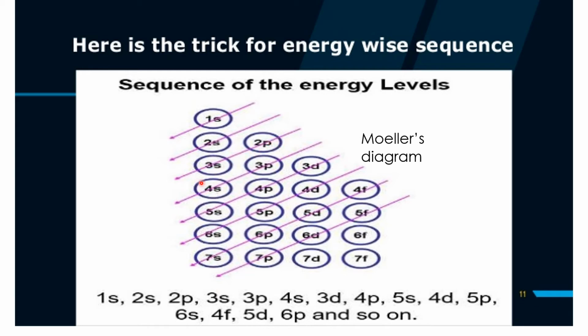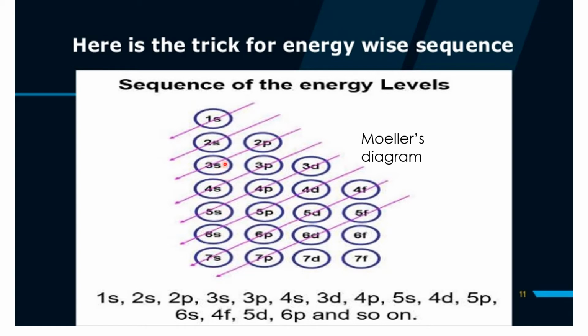Draw a diagonal, it crosses 2p and 3s. Now 3s is completed, so when you move to the third orbit, touching 3p, you draw a diagonal which passes through 3p and 4s. Similarly, 3d, 4p, 5s.